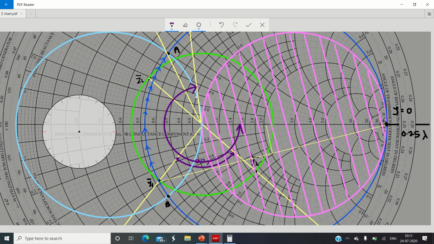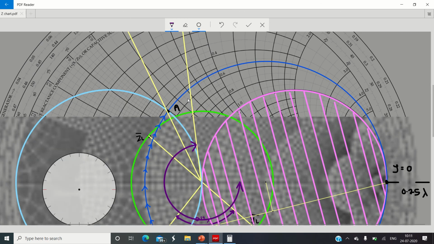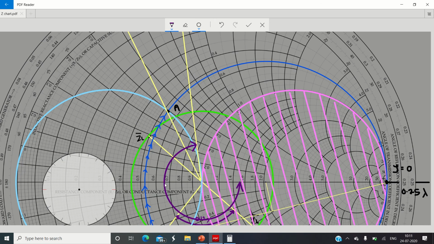You are going beyond it, so you need to add this much distance. This much distance is already 0.116 lambda. So 0.116 lambda needs to be added to the half semicircle tracing, which is 0.25 lambda.